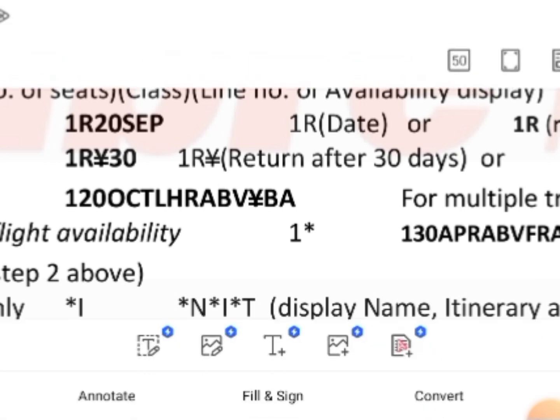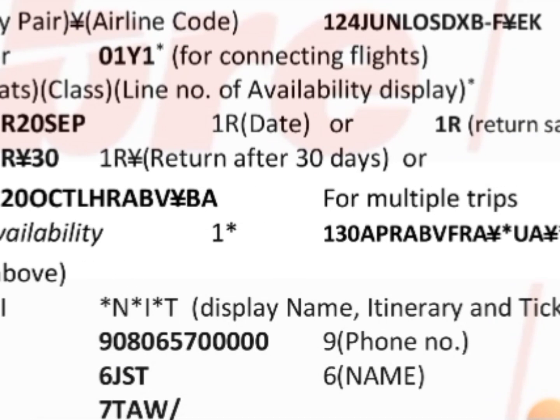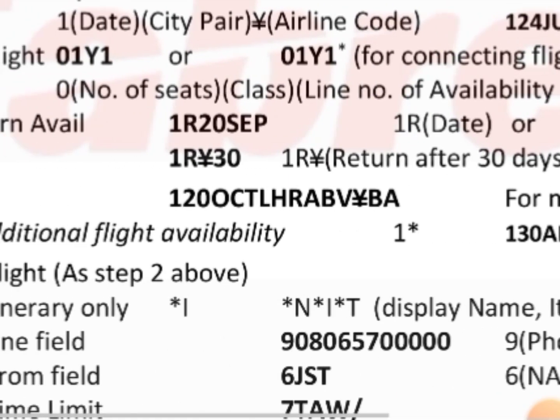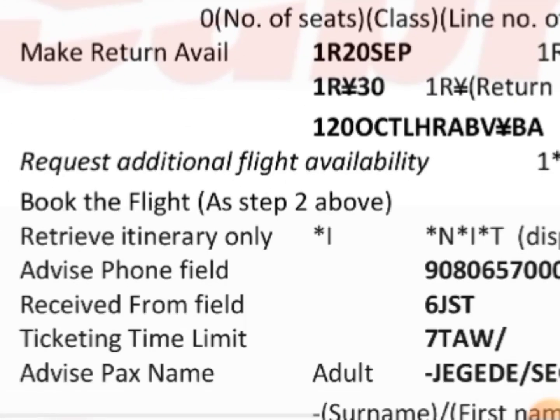After you do close of Lorraine, you do asterisk United Airlines, close of Lorraine, asterisk Delta Airlines. That's for displaying additional flights.